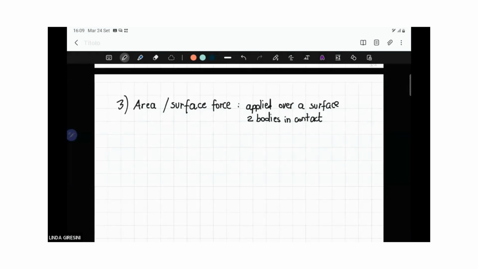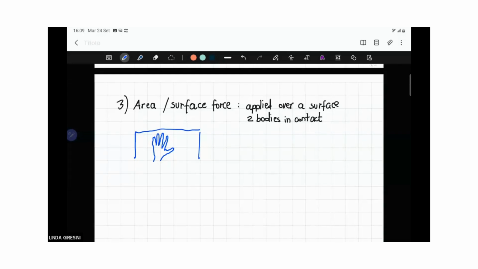So for example, if with my hand I press on the desk, I'm very bad in drawing, but let's assume this is the desk. So if I press my hand, what happens? I'm applying like a force. In principle, it's kind of a concentrated force.